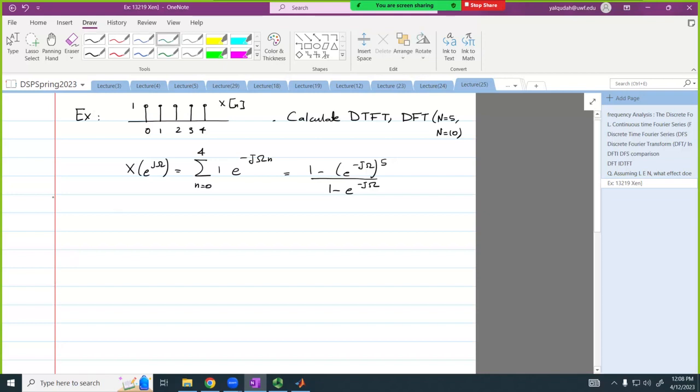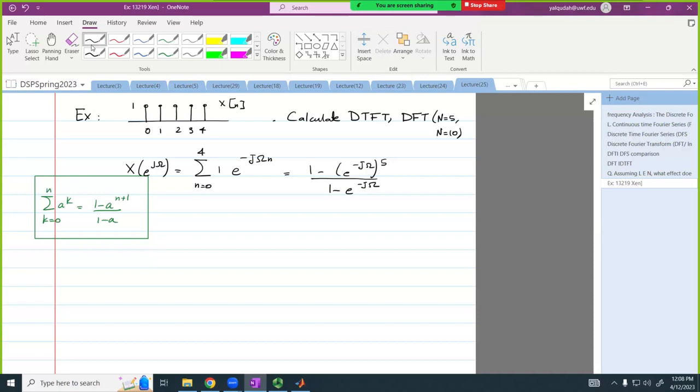Here we use the geometric series relationship: the summation from 0 to n of a to the k is equal to 1 minus a to the n plus 1, divided by 1 minus a. Good?